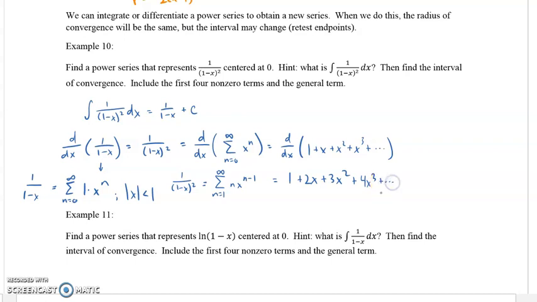All right, so one thing we'll find here is that when we differentiate a power series to obtain a new series, we're not going to change the radius of convergence. Okay, so this radius of convergence of 1 for the original series is going to be the same as the radius of convergence here.